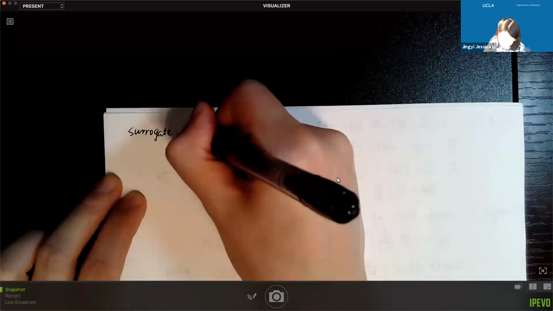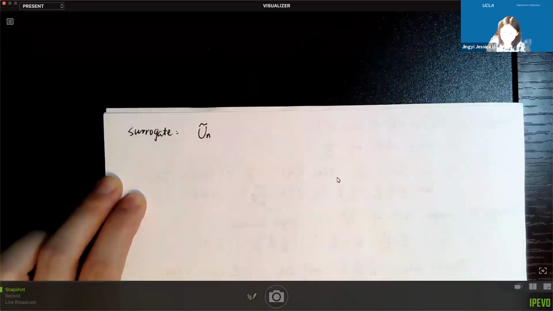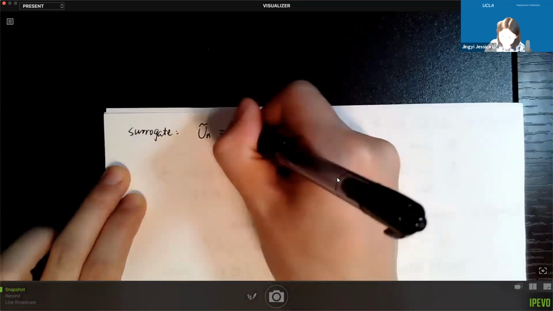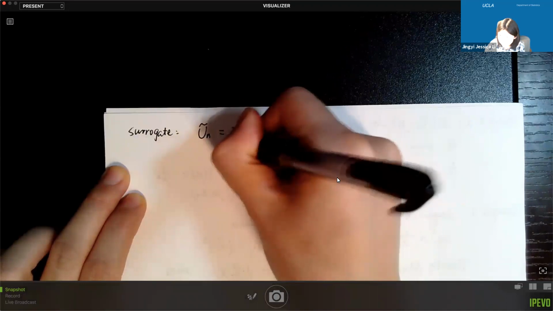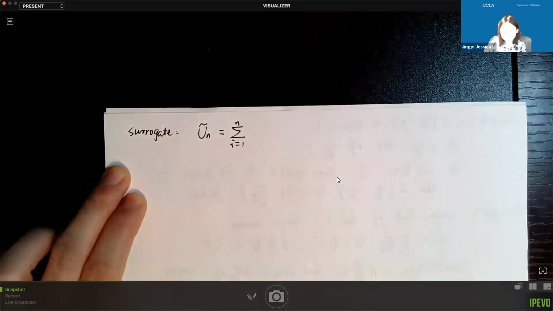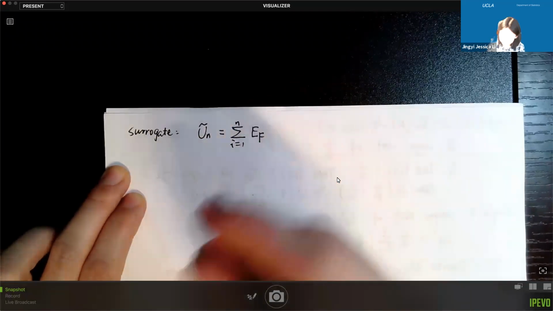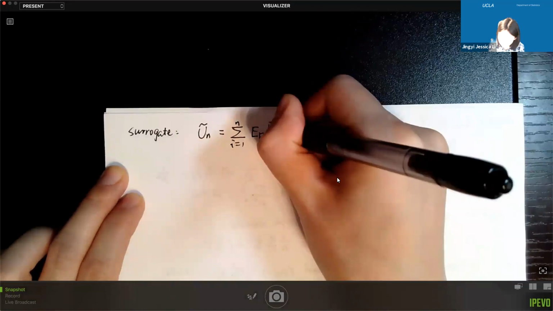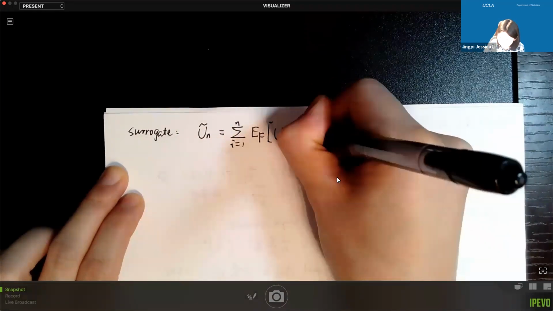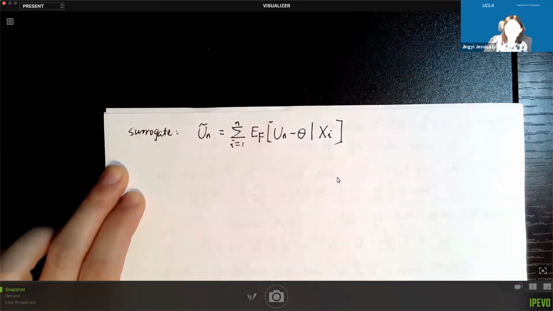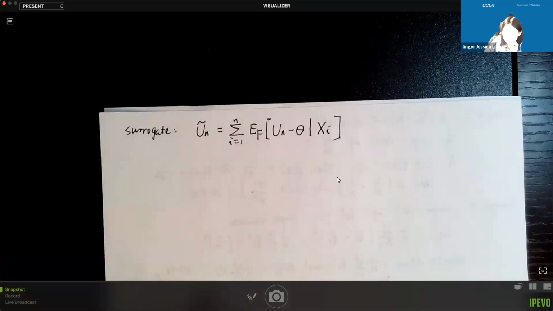And we define this as U_N tilde. This definition is defined as the sum over i from 1 to n, based on our random sample, of the expectation under F of U_N minus theta given X_i. So U_N is still our U-statistic, but now we're taking the U-statistic minus its mean, right?